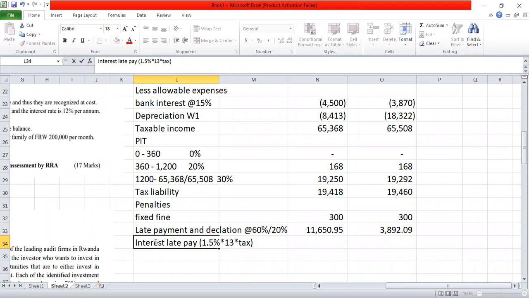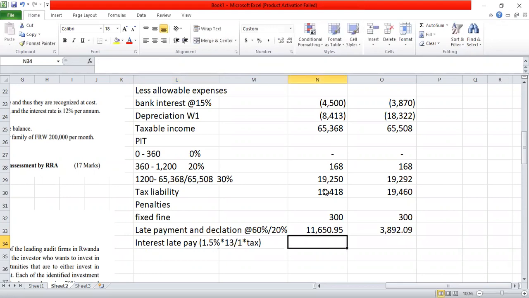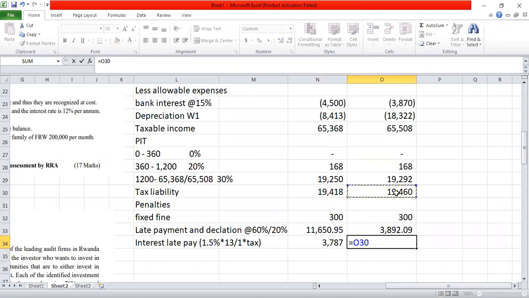Or the other one you can replace, or 1 month. It can be 1 month for the other year. So here we are going to have this times 1.5% times the 13 months that was late. Here it is only 1 month. We are getting this times 1.5% times 1 month.